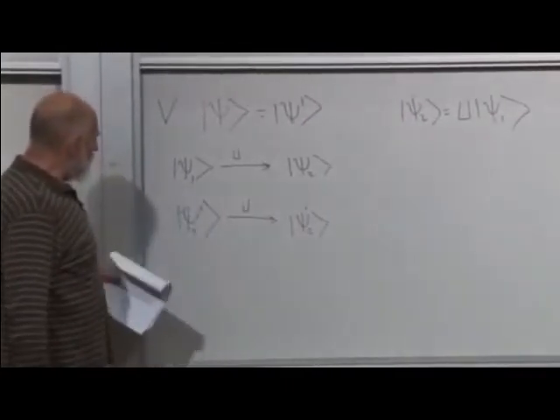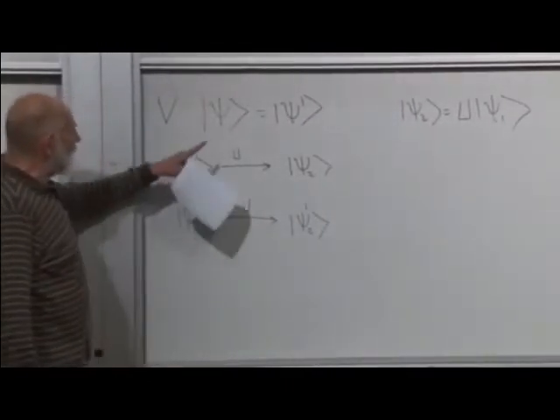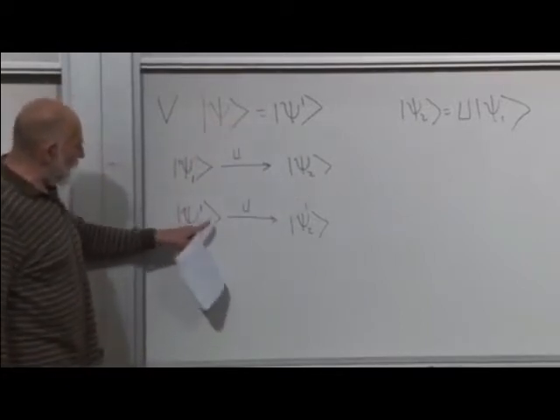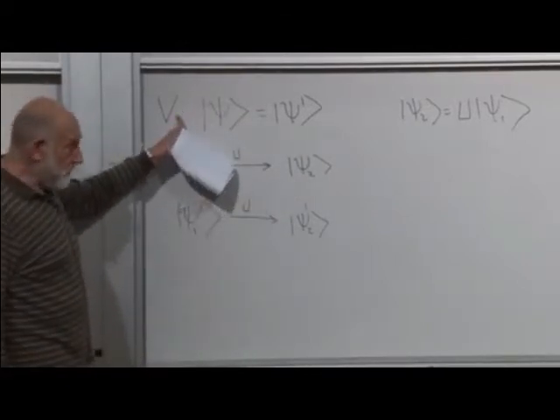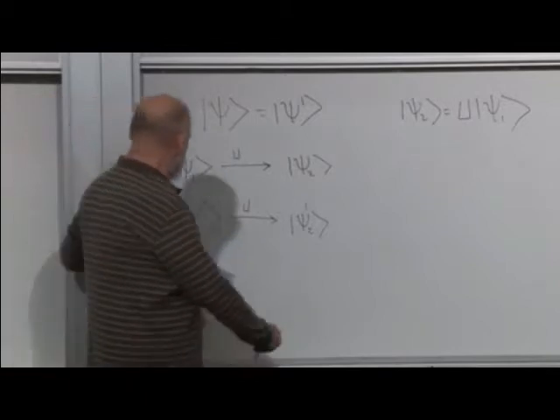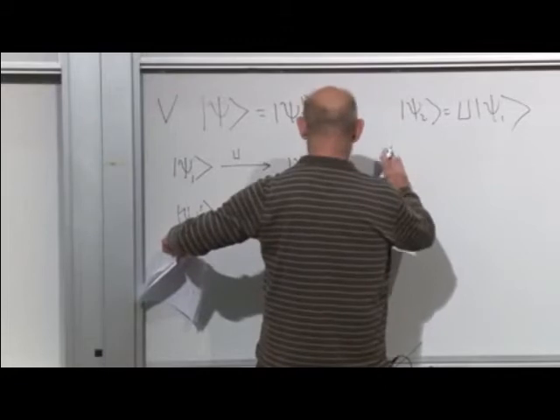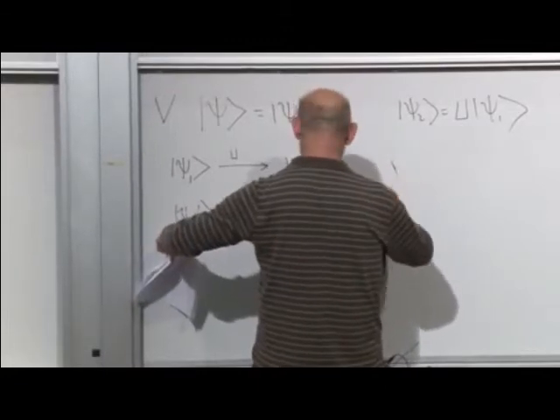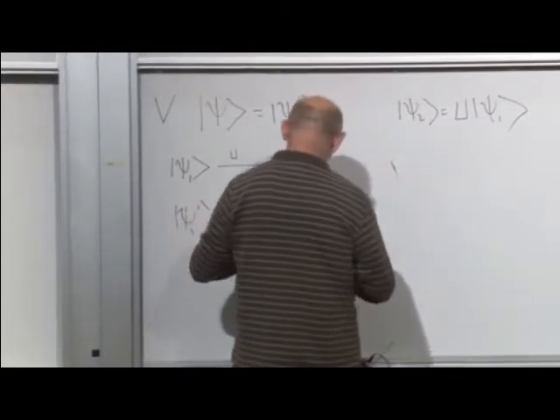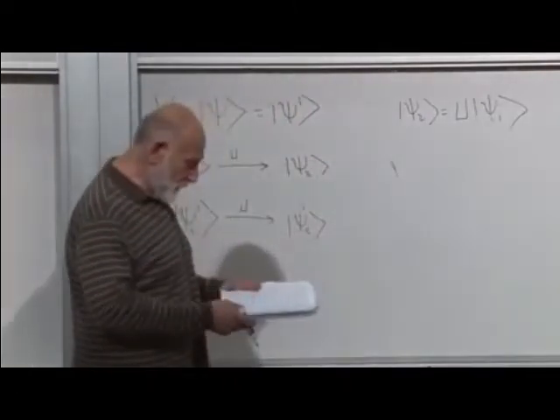The second equation, let's go to the second equation. To go from unprimed to prime, you multiply by v. So the second equation here says that, I'm sorry, this always confuses me.